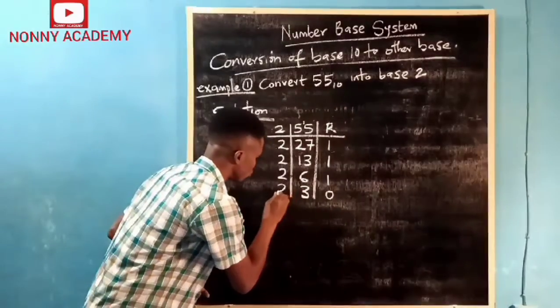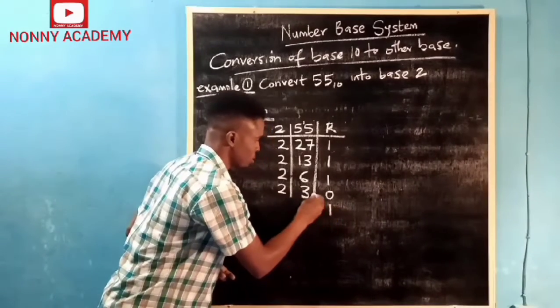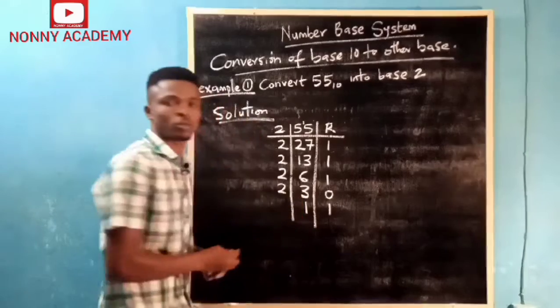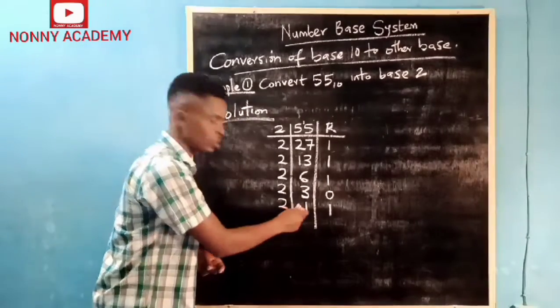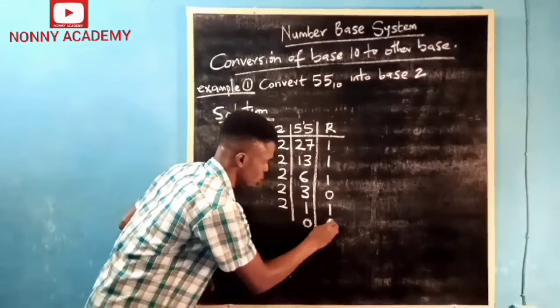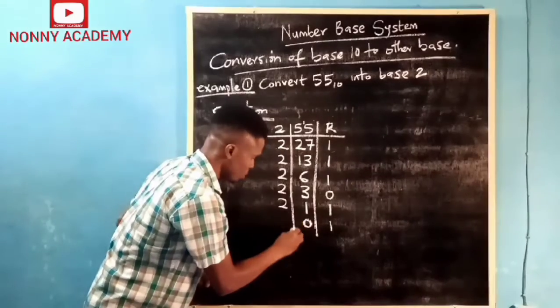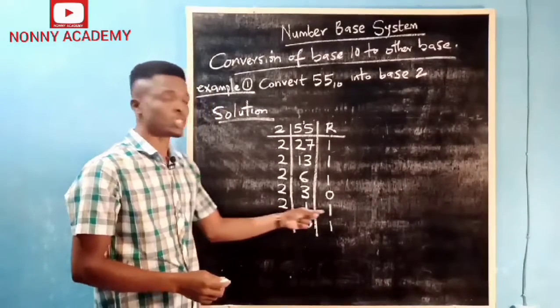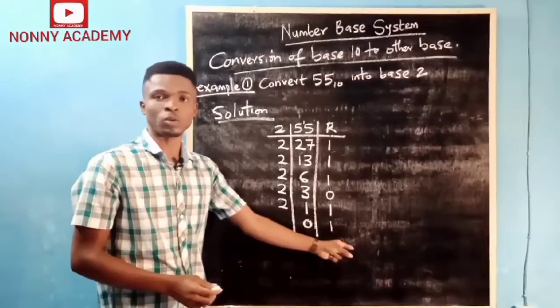Let's continue. 2 in 3 will give me 1, remainder 1. Now I extend my table. Then lastly, 2 in 1 will give me 0, and I bring down this 1, remainder 1. Since 2 cannot divide 1, I have 0. Then I bring this down, remainder 1.